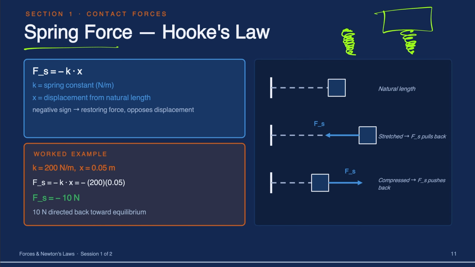So if a branch was pulled, but it's also pulling the monkey that's holding it back to the original position, then it's a spring. Springs are just objects that can extend, but can also pull back or push back to the original position, right? Because they can extend and they can compress. So that's what a spring is.